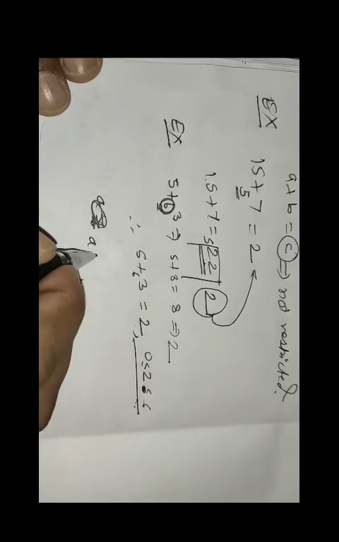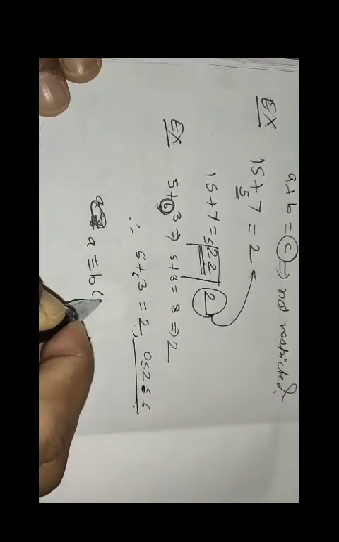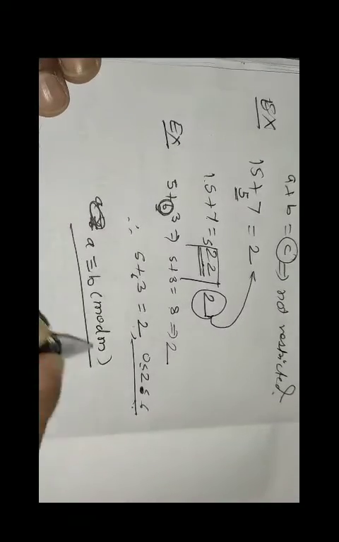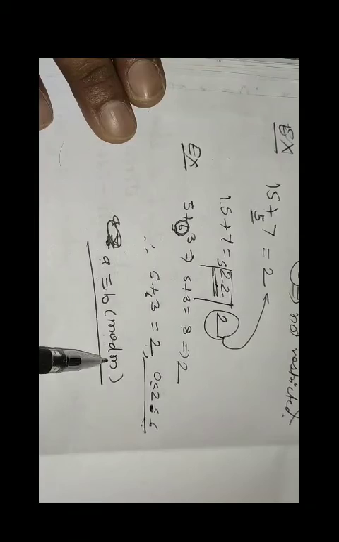Such a type of addition is addition modulo m. In general, this addition modulo m can be written as a congruent to b mod m.